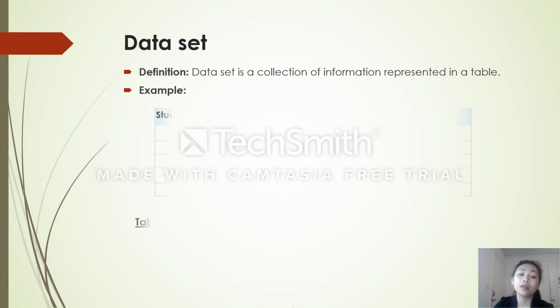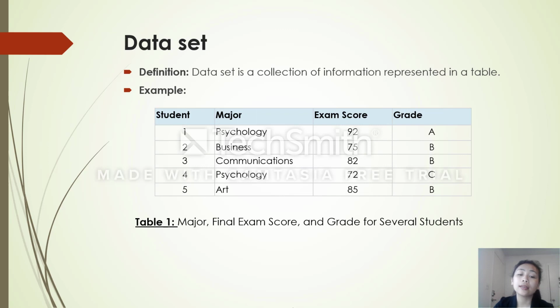For example, this dataset represents the major, final exam score and grade for several students. And here in the dataset, we have 5 individuals. Those are 5 students, and their information: major, exam score, and grade.